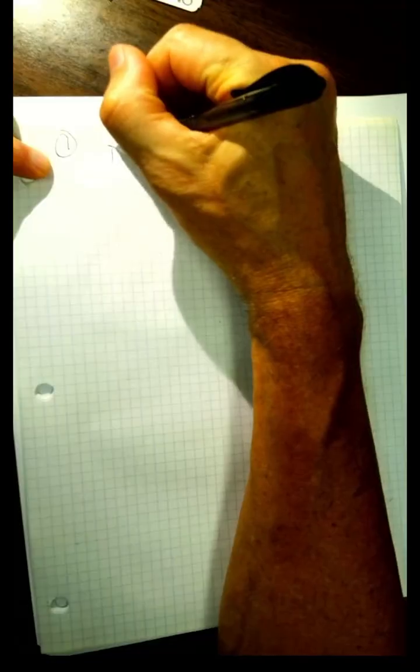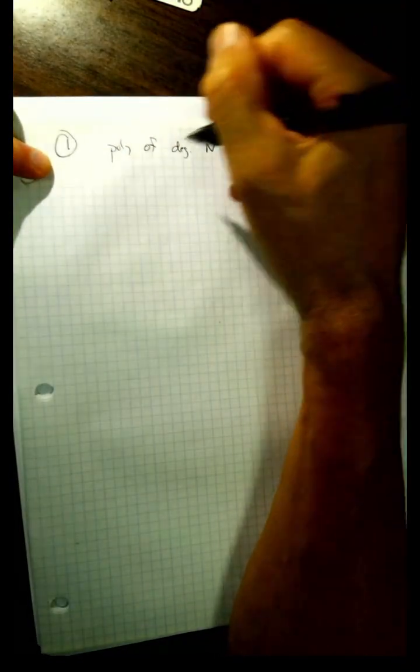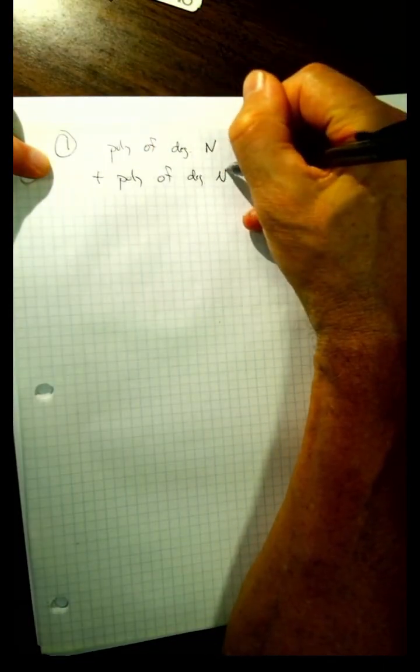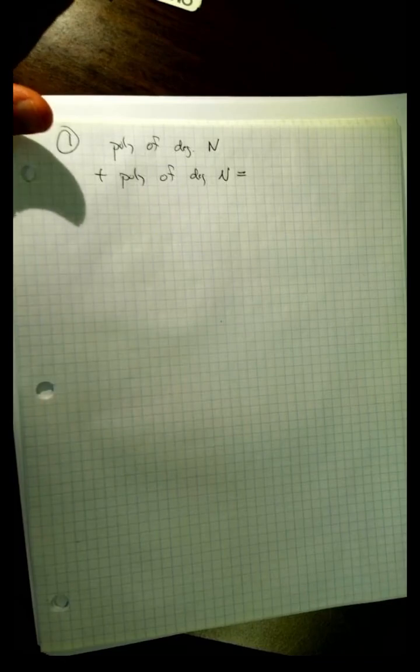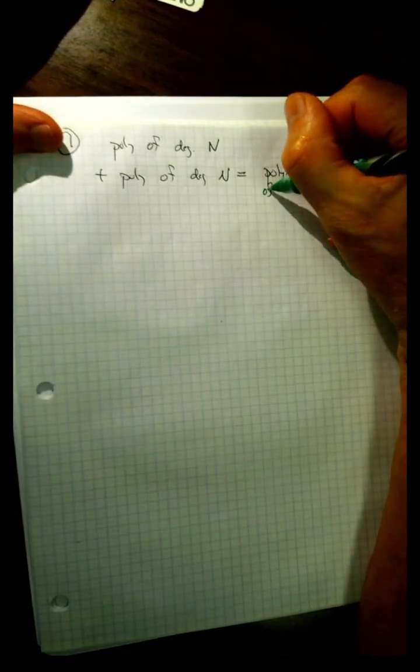First, if I take a polynomial of degree n and add a polynomial of degree n, what do you get? Well, you're going to get another polynomial, but the caveat is the highest possible degree you could get is n, but you might get a polynomial of lower degree.